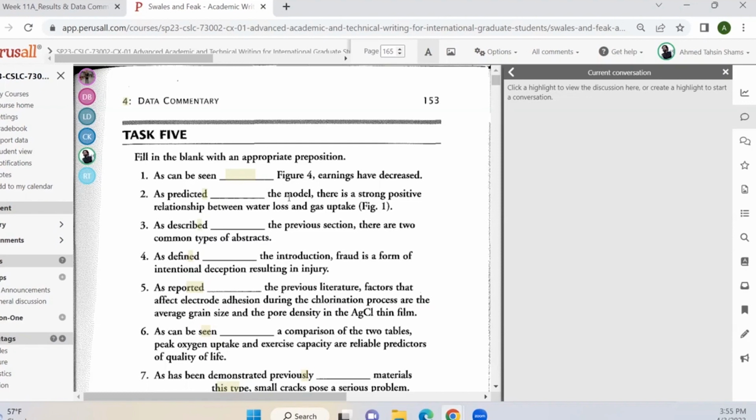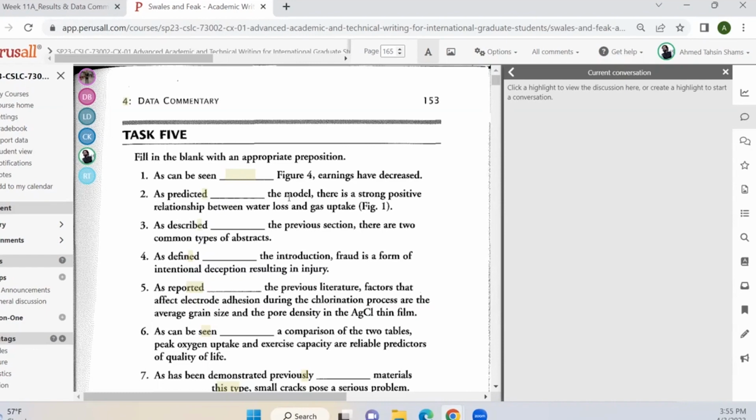If you're done with task 5, then task 10. In task 10, you have 2 options there. We will read today how to write the results in the data commentary section.